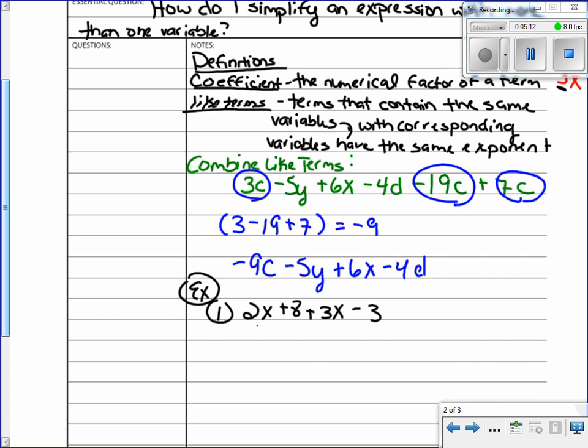Totally up to you. I'm noticing that 2x and 3x go together. So 2x plus 3x gives us 5x. I'm also noticing that 8 minus 3 go together because they're both numbers. 8 minus 3 is 5. So this answer is 5x plus 5.